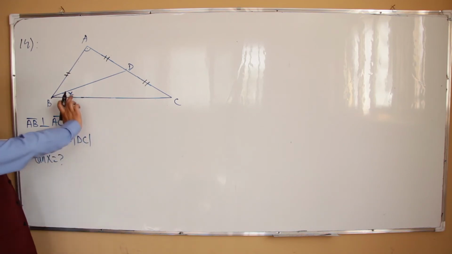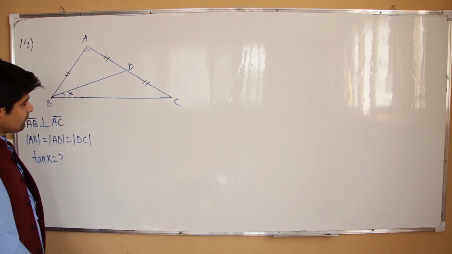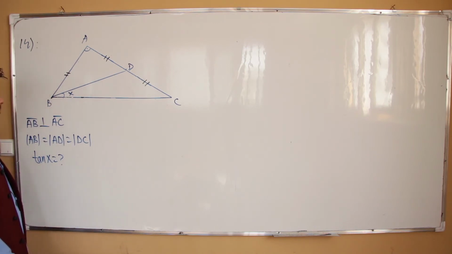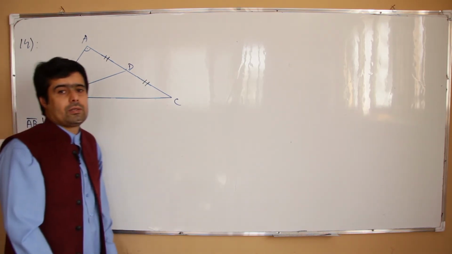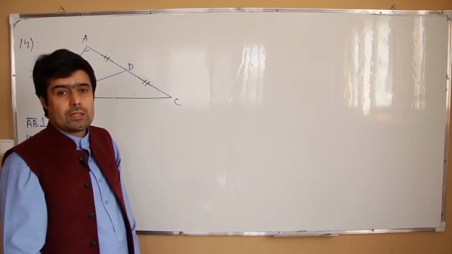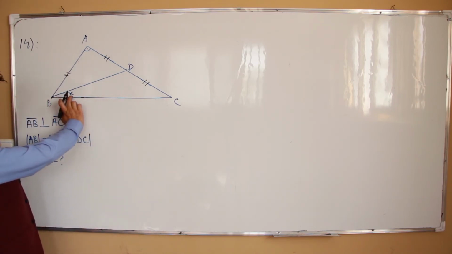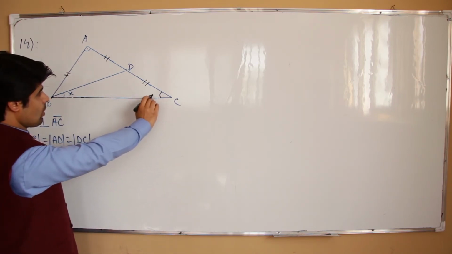Look, is angle x located in a right angle triangle? No. If it is not located in a right angle triangle, you have to find your formula, or an angle, it should be located in a right angle triangle. In here, this angle is x, this angle is y. What is this angle?